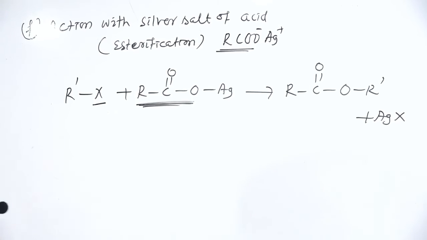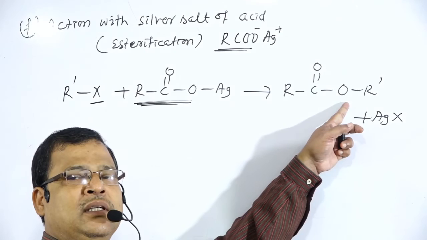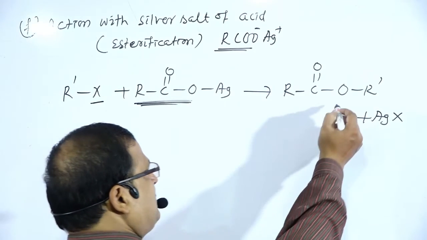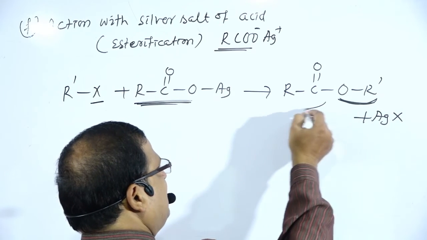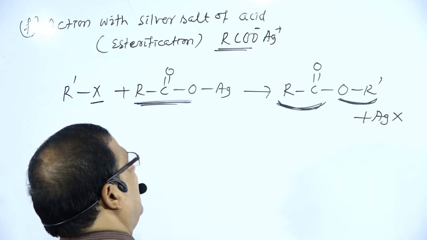That is the formula for that ester. Esters are known as alkyl alkanoates. This part is alkyl, and this part is treated as alkanoate.